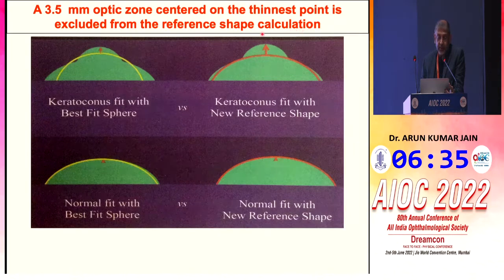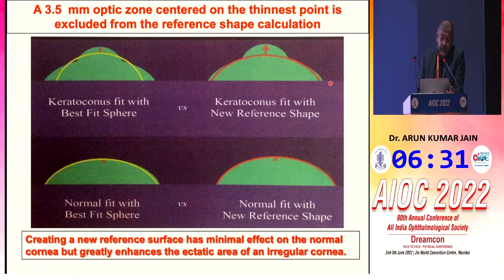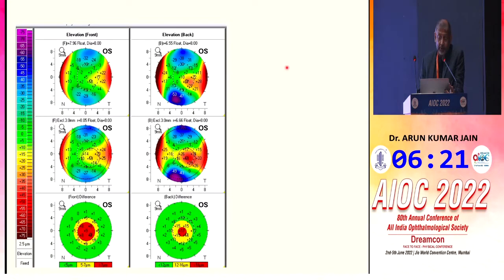So you get a reference map like this, and creating a new reference surface has minimal effect on the normal cornea, but it greatly enhances the ectatic or irregular cornea.